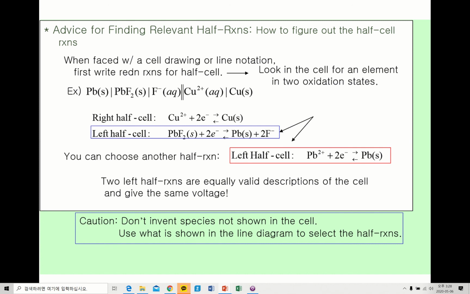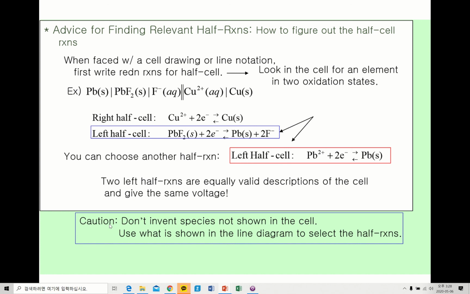Either way doesn't matter actually. Both left half reactions are equally valid. But if you take this half cell reaction, then you have to consider the Ksp for this lead fluoride.